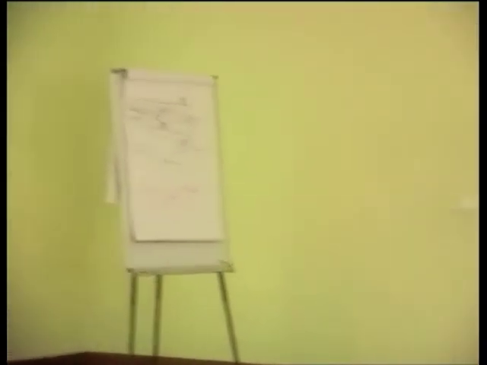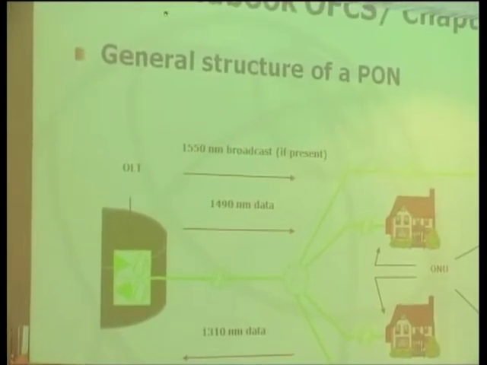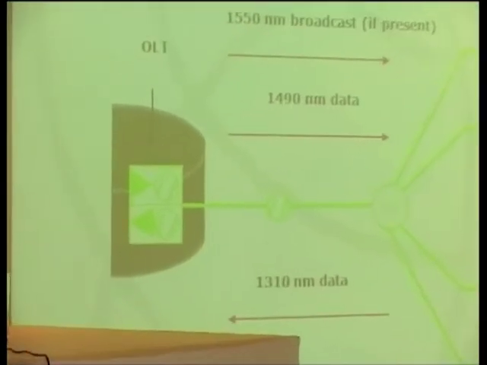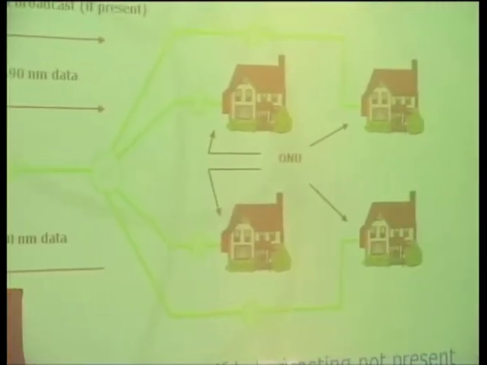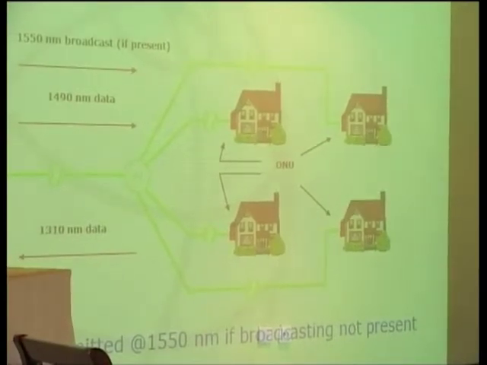You could see an optical line terminal in the central office, the optical distribution network, which is given by the fibers in pale green, the optical network unit that can be in the customer home, but not necessarily there, as we shall see very soon, and the combination of different wavelengths to transmit different signals in the two directions.